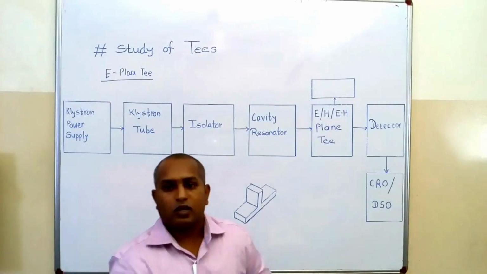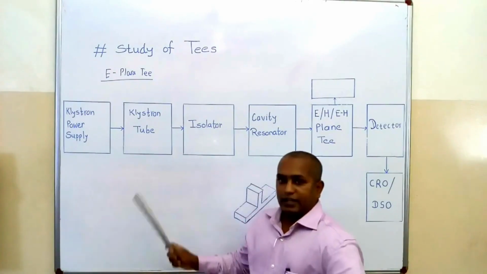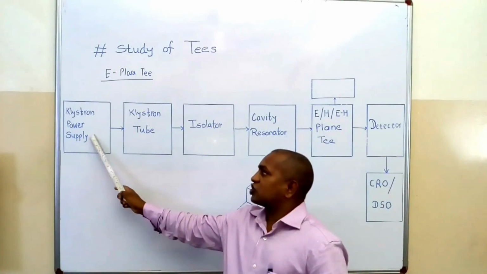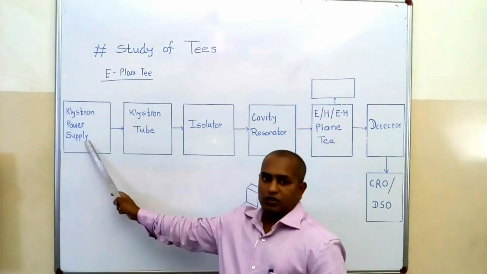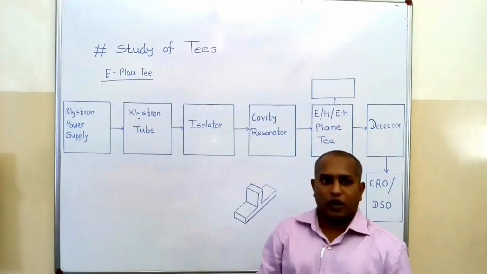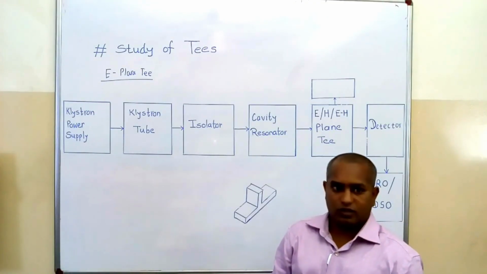For the E-plane tee, we will use this block diagram. Our first block is a klystron power supply. This power supply will give two types of voltage: one is a beam voltage and another is a repeller voltage.